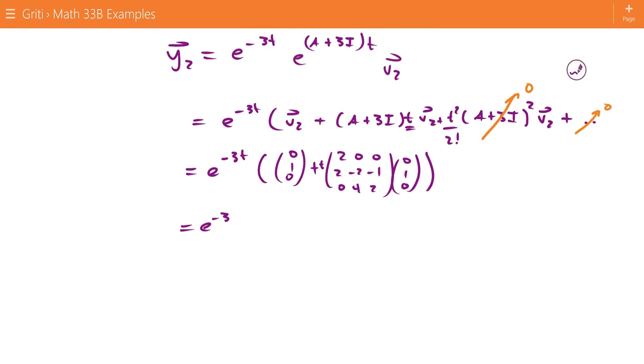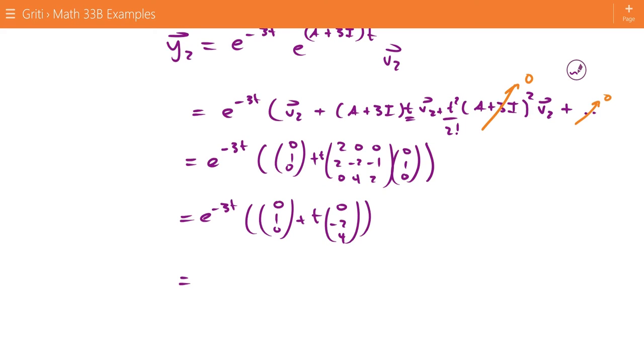So this is equal to 0, 1, 0 plus t times 0, -2, 4. That gives us a solution of e to the -3t times 0, 1 minus 2t, and 4t.